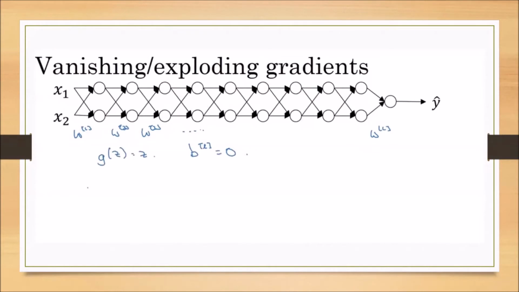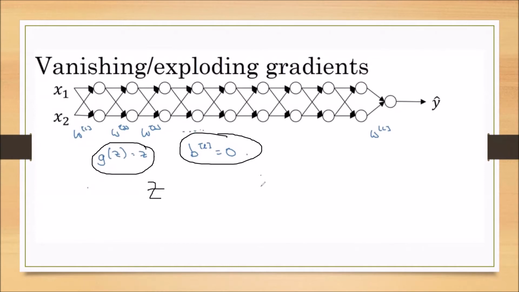In this case, we are taking B as 0 to make it convenient. And here we are not using any sigmoid, tanh, or rectified linear unit activation function. We are taking a simple linear function. What is that linear function? Whatever input Z comes in is the output from the activation function.